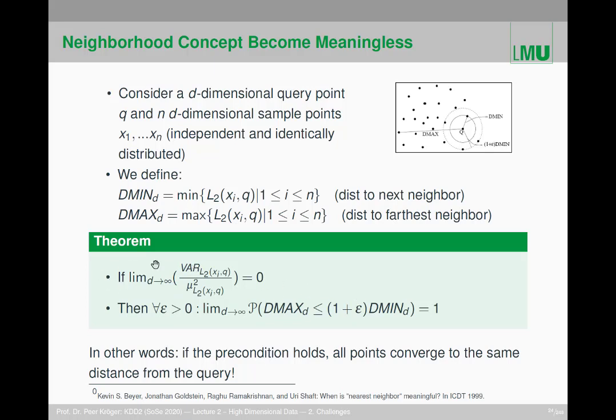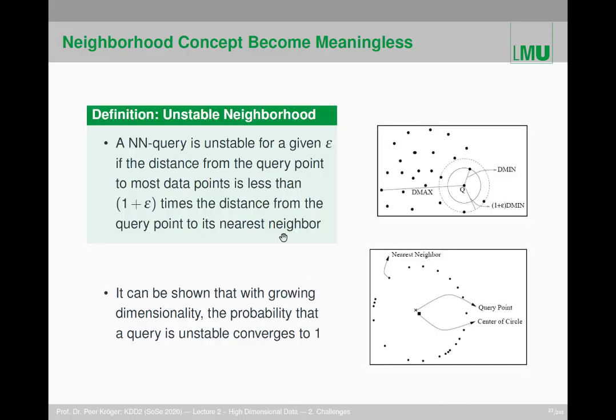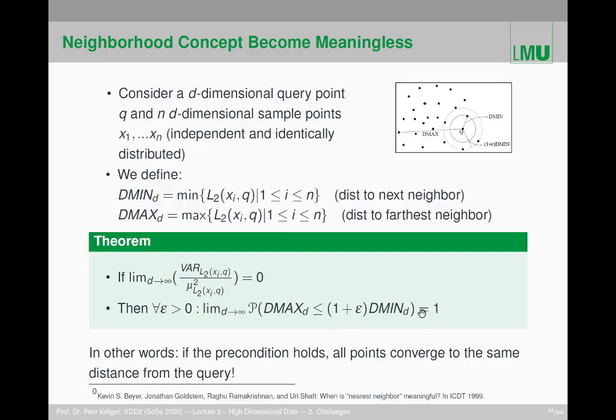If the precondition holds, which is actually just saying that we have independent and identically distributed features and points, then for any epsilon, the probability that d max is smaller than 1 plus epsilon times d min, which is the unstable neighborhood definition, becomes 1 with increasing dimensionality.